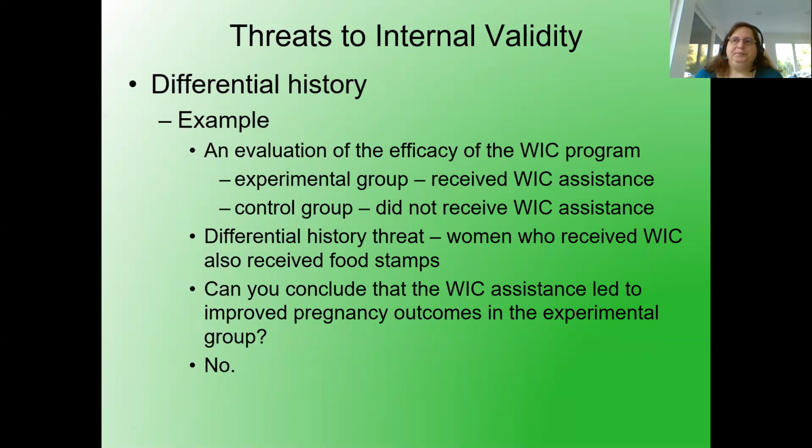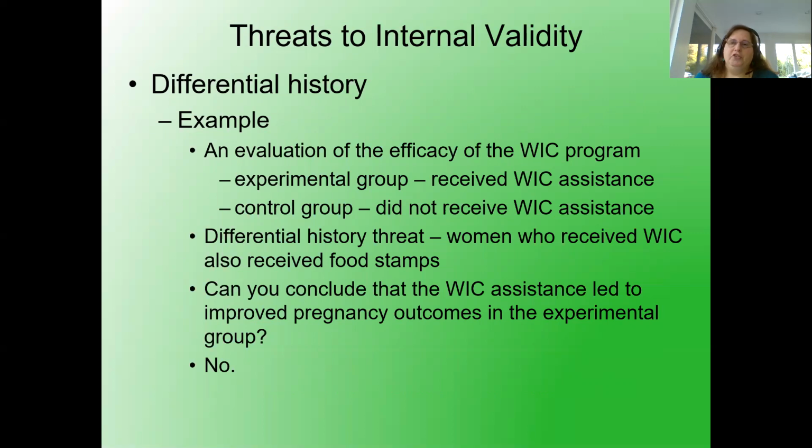Differential history. Let's say we want to do an evaluation of the efficacy of the WIC program. Okay, and that's women, infants, and children, food and nutrition. So let's say we want to look at the impact of the WIC program on pregnancy outcomes. The experimental group received WIC assistance and the control group did not receive WIC assistance.